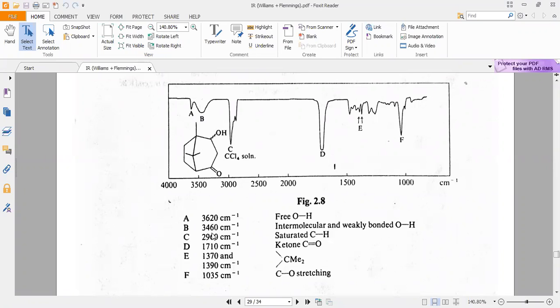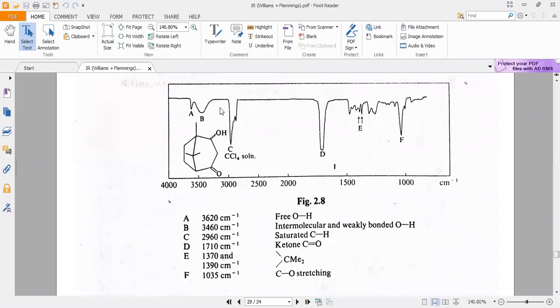In intermolecular hydrogen bonding, electron density from a heteroatom transfers towards hydrogen, which causes a decrease in partial positive charge on hydrogen. As a result, the electrostatic forces of attraction between hydrogen and oxygen decrease. This is the reason: if this electrostatic force decreases, the force constant decreases, and so it absorbs at a lower value.